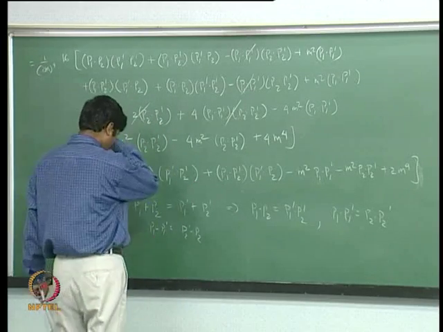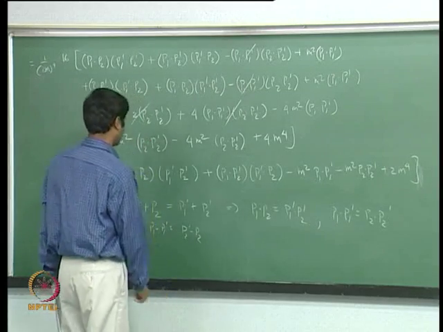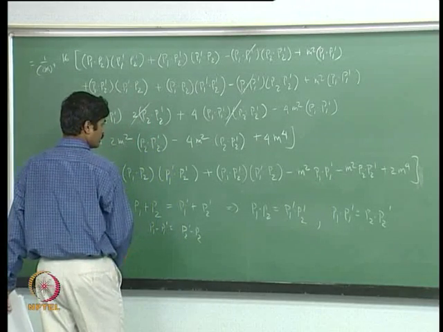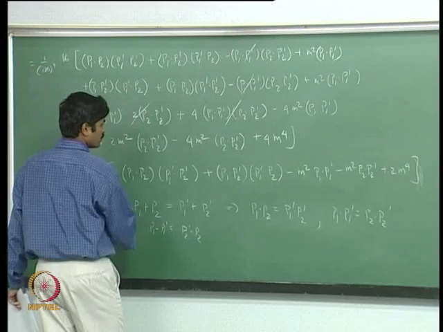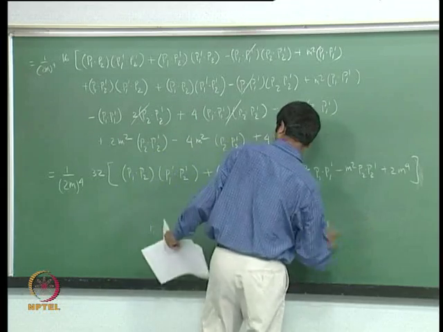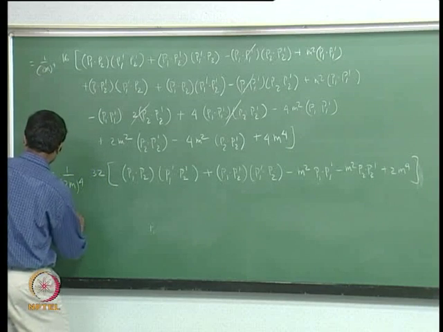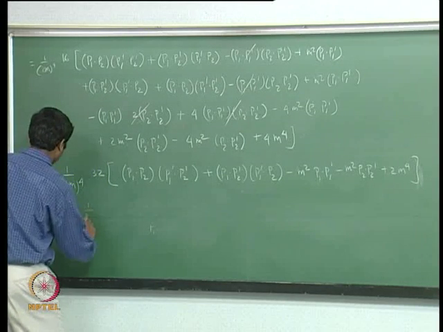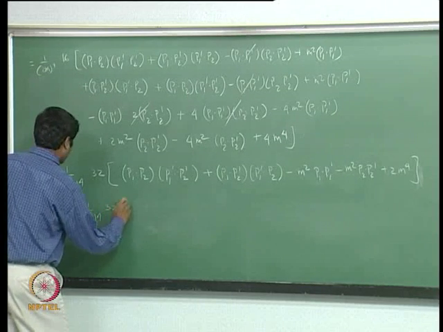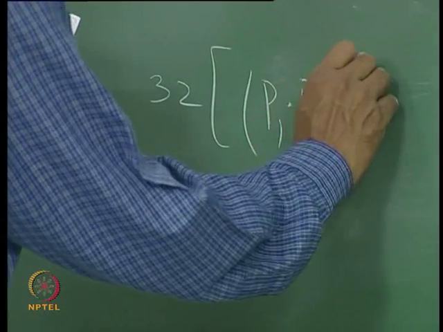So when I substitute this here, what I get is the following. This simply becomes 1 over 2m to the power 4, 32 times P1 dot P2 whole square.